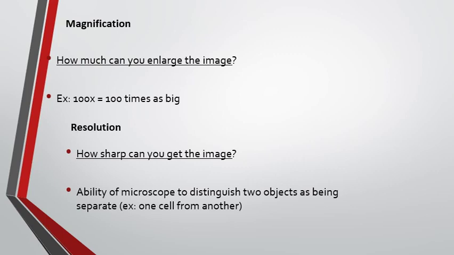The wavelength of light is much longer than the wavelength of electrons, so the resolution of a light microscope is a lot lower. Actually, resolution reveals the sharpness we can get from the image.